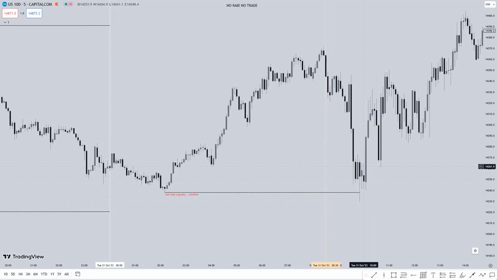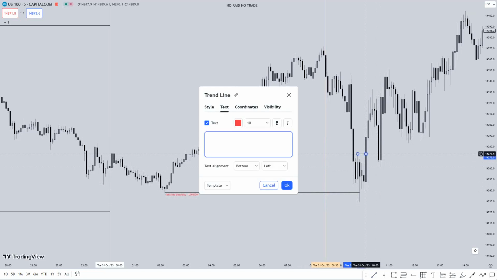So within this expansion move, we also took out a high right here. So that also gives us another hint that shows us price now has a higher probability to trade higher. Let me just mark this out.